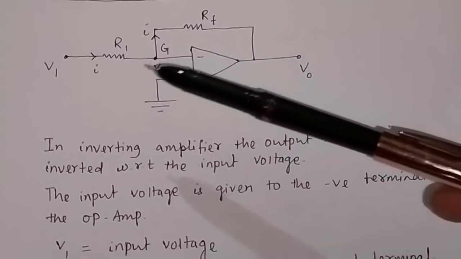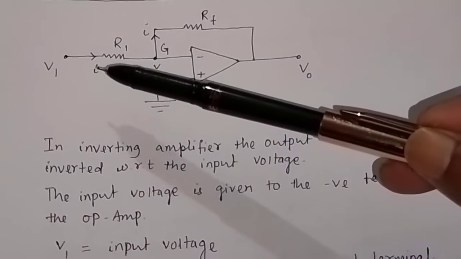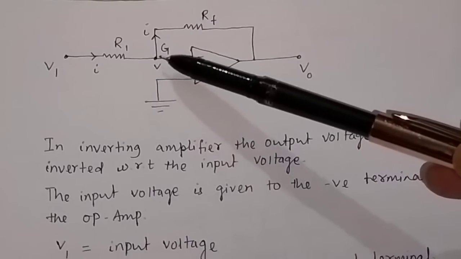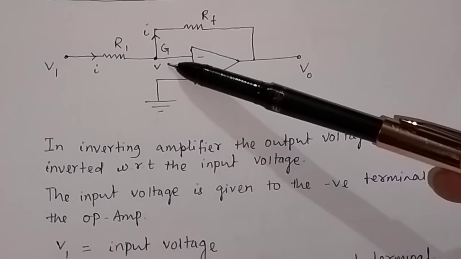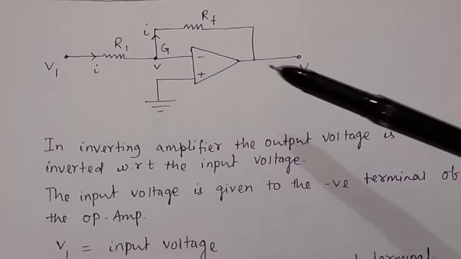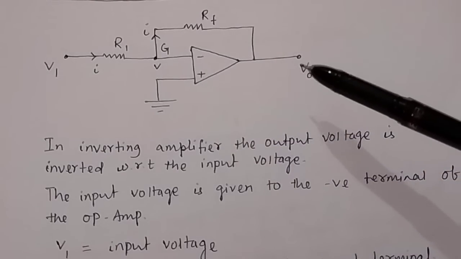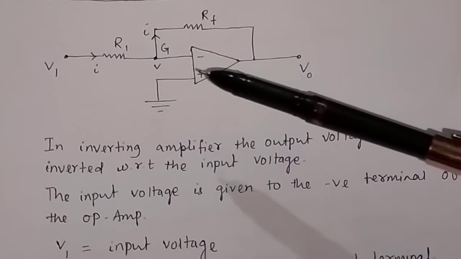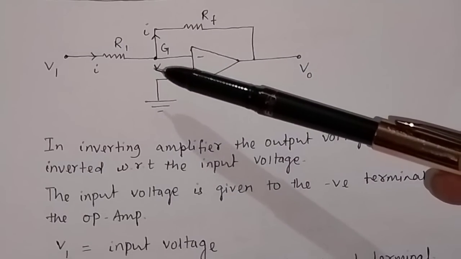Here I have taken V1 as the input voltage, V as the voltage at the inverting input, and VO, or V0, whatever you write, as the output voltage, and G is the virtual ground.